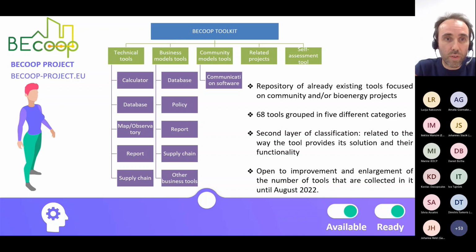You have the definition of each classification in the toolkit, but there is also a handbook which explains everything very well. What you need to find out is the tool that best suits the needs that you have. Right now we have 68 tools, but we are working on that. There are other tools that have been identified, and we are studying them, and they will be included in the following months.